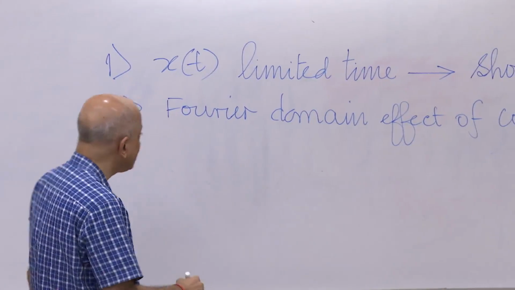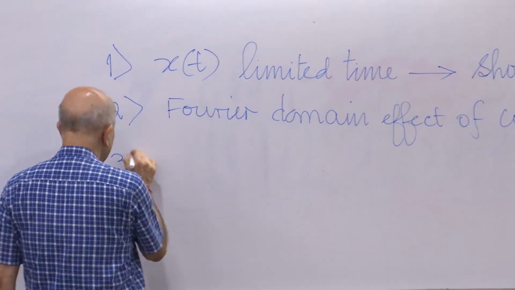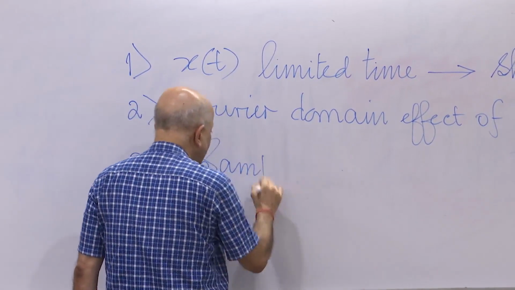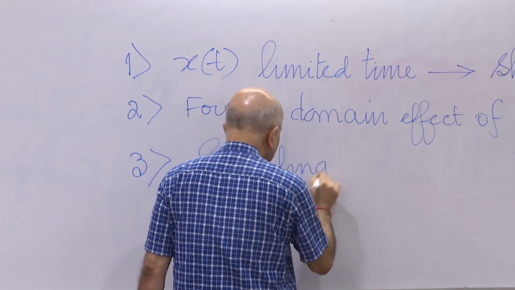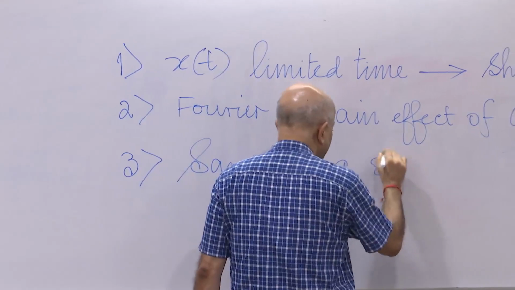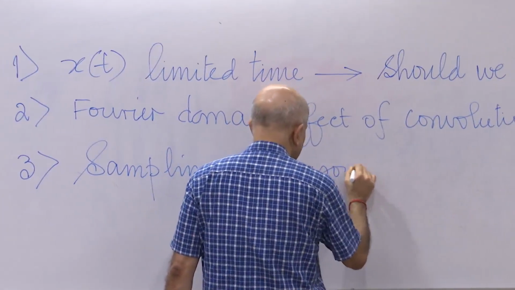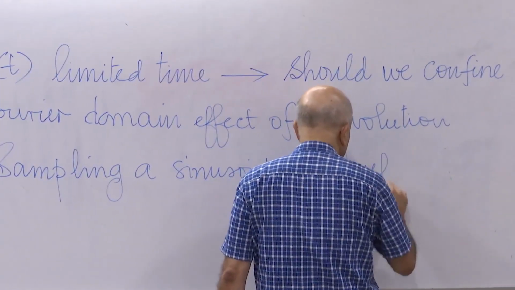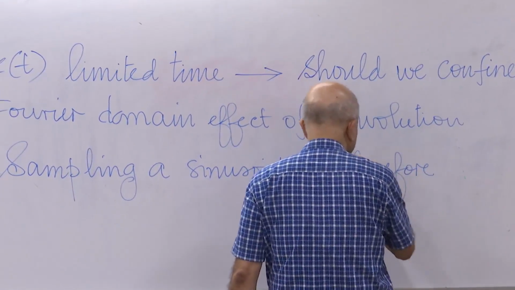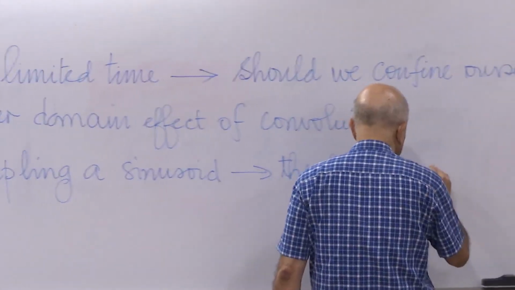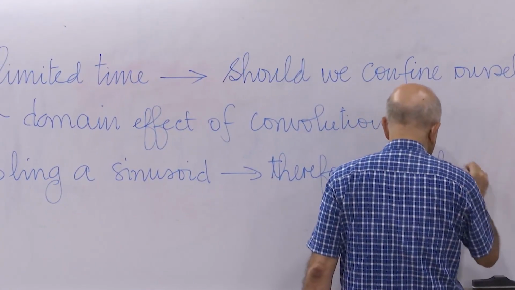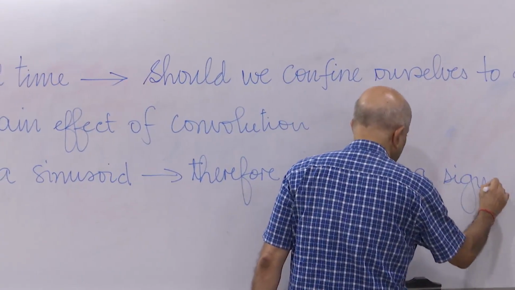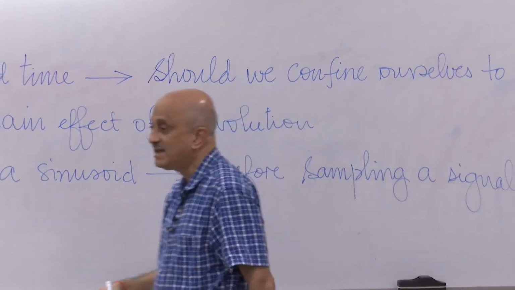And the third thing that we want to understand is sampling. Sampling a sinusoid, and therefore sampling the signal. What are the implications of this?